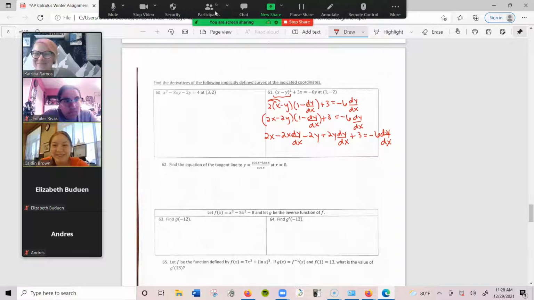Yes. So remember that when we're doing implicit functions, we want to get all of the terms with dy dx over on one side, right? So that we can factor out that dy dx. The problem with this one is that we have dy dx in this parentheses with another term. So we can't isolate it because we have all this other stuff being multiplied to it, right?